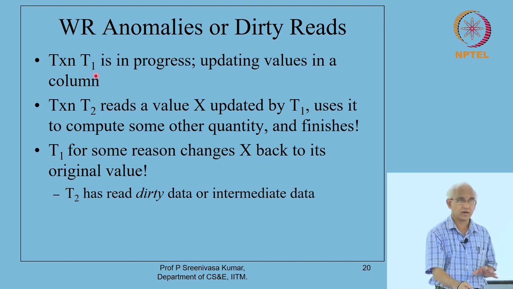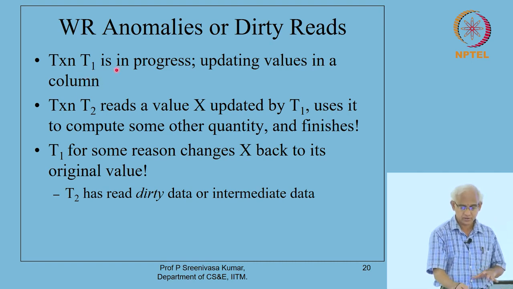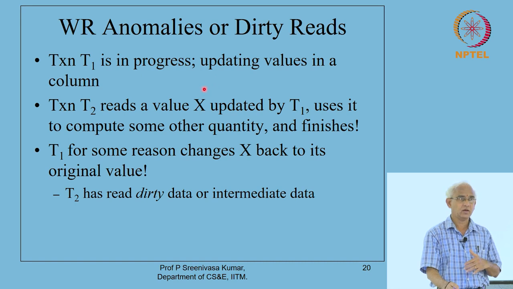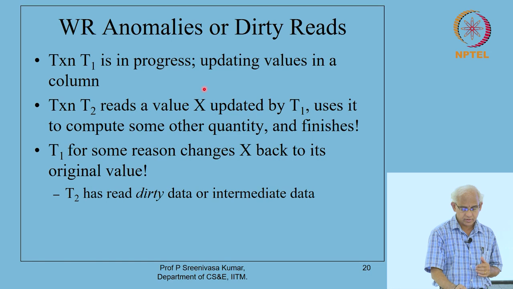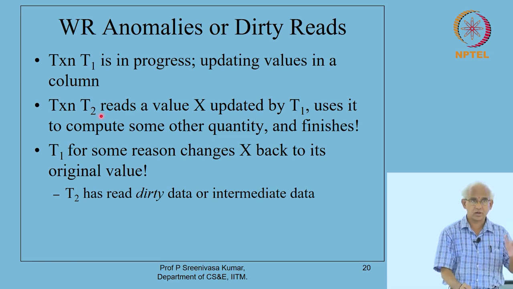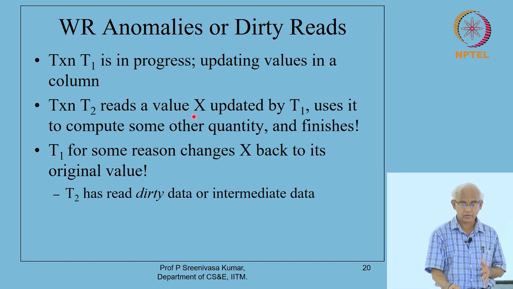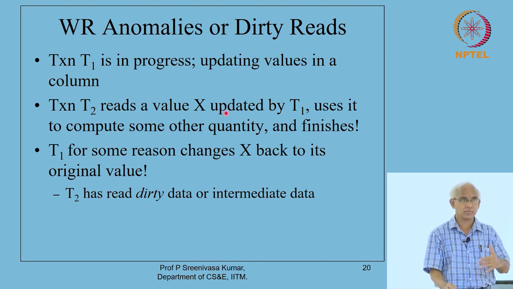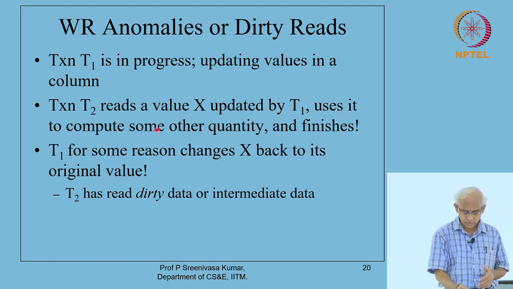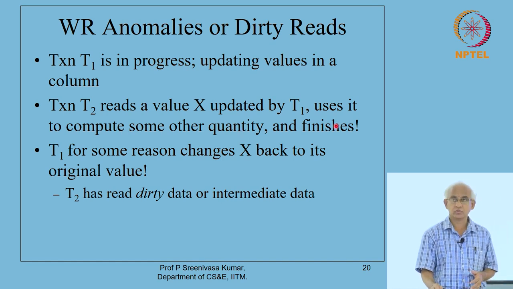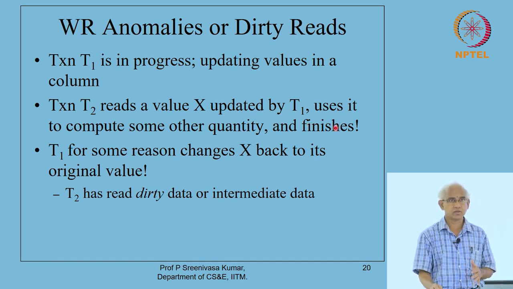So, the transaction T1, let's say, is in progress, updating values in a particular column. The system allows transaction T2 to read a value X that has already been updated by T1, make use of that value, compute some other quantity and also finish. By finish, it says I am committing and quitting.